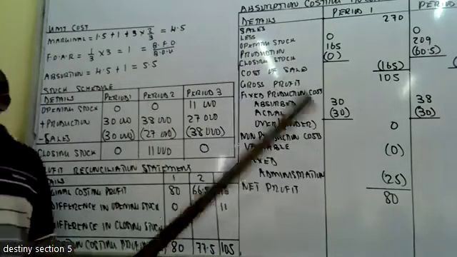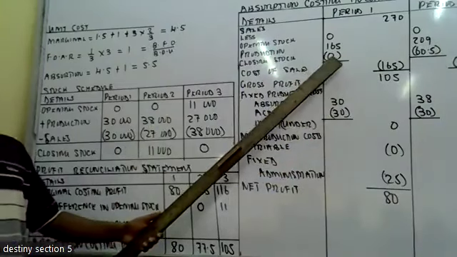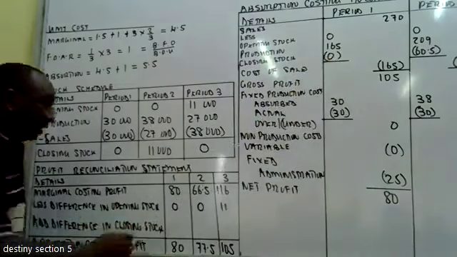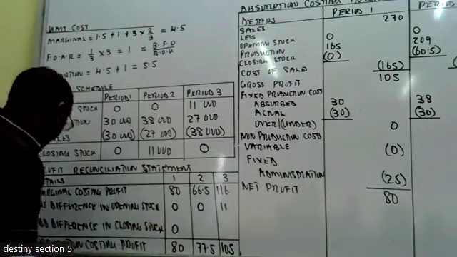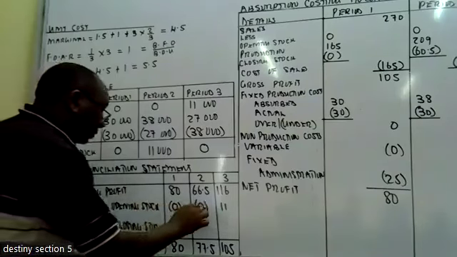We do the same for the closing stock. Unaangalia hii value ya 0, marginal walikuwa na 0, so the difference is what? 0. Na hii sasa tumesema ni ya subtract. This one is a subtract.